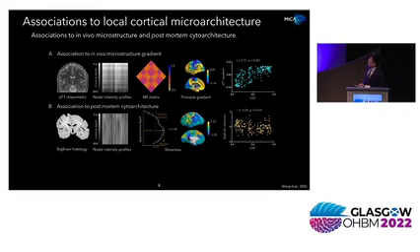Here, higher skewness indicates higher laminar differentiation of the cortex. And as a result, we found a significantly negative correlation between BigBrain skewness and the CDC. And that means brain regions more related to the long-range connectivity subnetwork have lower laminar differentiation.